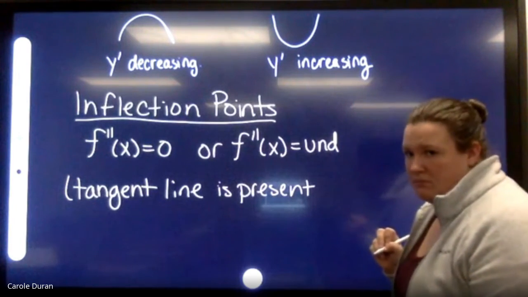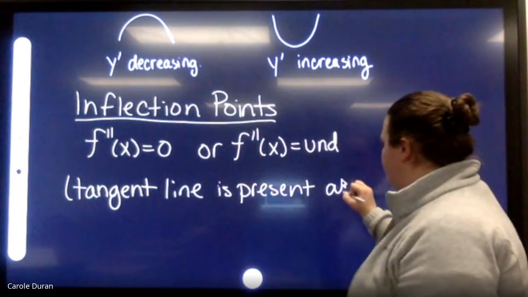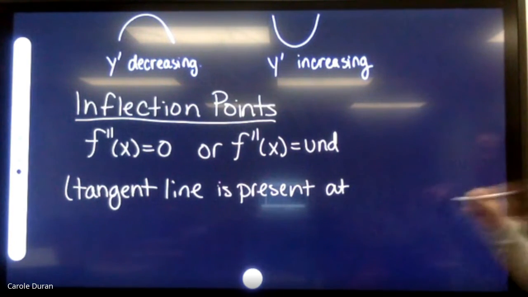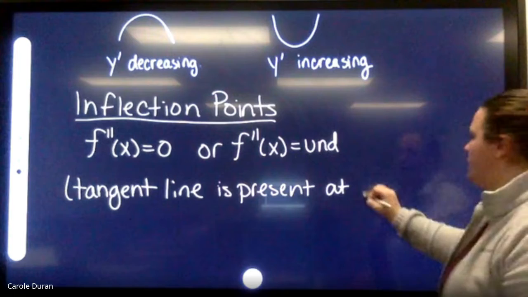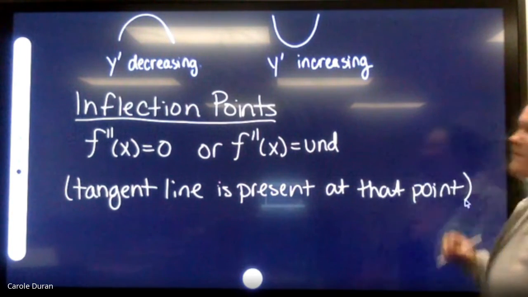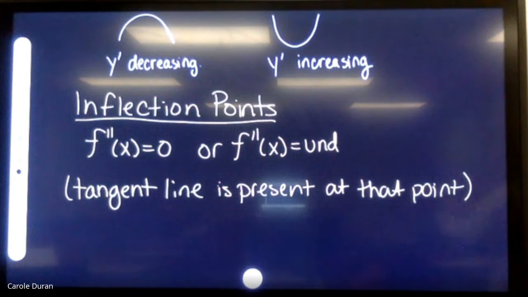So it can't be infinite slope. Right, so there are some restrictions to it. There are very few instances where I'm going to have a 0 for my second derivative where a tangent doesn't exist. And for the most part, you're not going to see that. It's just something we have to tack on there.